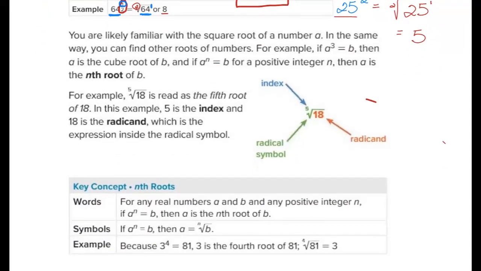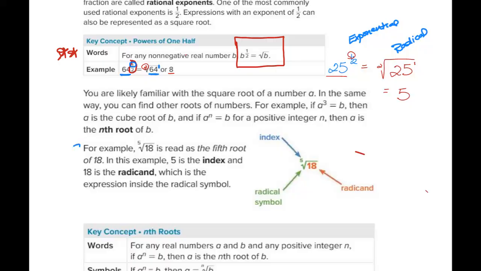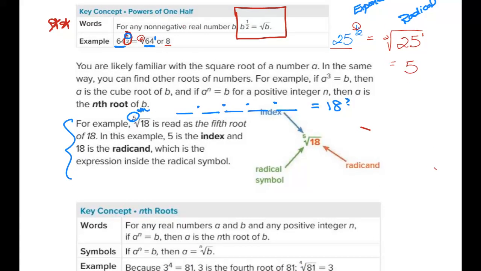So look down here. It says, for example, this 5 means the 5th root of 18. So what number multiplied 5 times, one number times the same number times the same number times the same number times the same number, gives you 18? That's what the 5th root means. It's not even 2, it's not even 1.